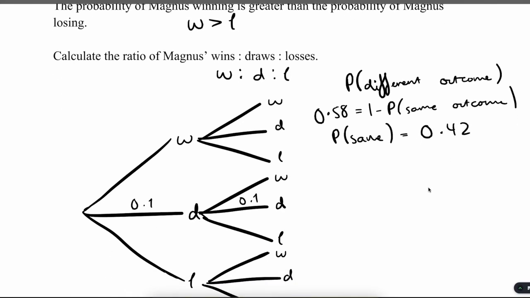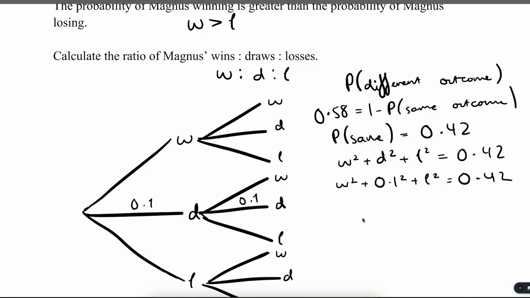Now that is the probability of wins plus the probability of draws plus the probability of losses being the same, which equals 0.42. Now we know that the probability of draws is 0.1, so that's 0.1 squared plus W squared plus L squared is 0.42. So we can subtract this, which is 0.01. So you get W squared plus L squared equals 0.41.